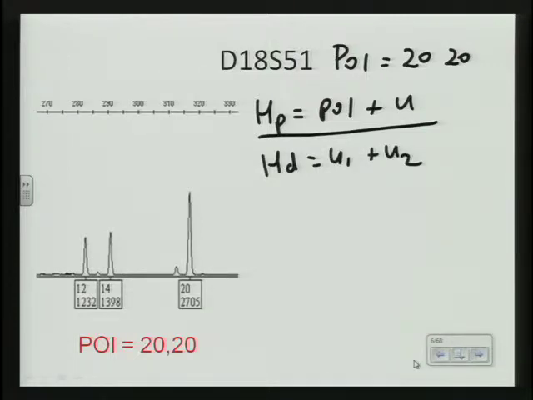Okay, so let's take the top line. If we've got a person of interest of 20-20, what am I left with on the top line? I've got to account for a 12 and 14, and if we take John's model, I've got 2 over 1, so I've got 2 F12 F14.